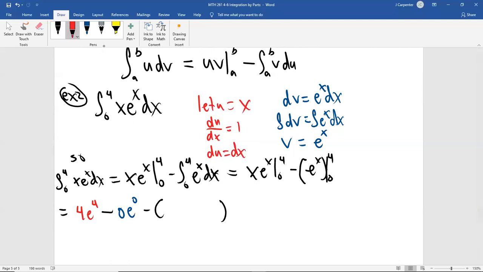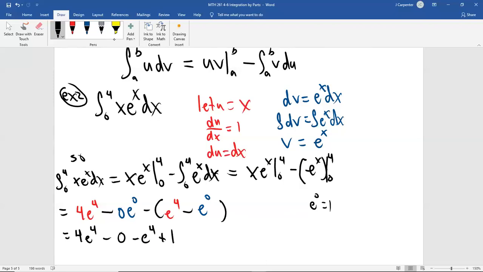That's why I suggested parentheses might be helpful there. So red, e to the 4, and minus blue, e to the 0. Now remember that anything to the 0 power is 1. But 0 times anything is 0. So this is really 4 e to the 4th minus 0. Let's distribute the negative. So that's a minus e to the 4th plus 1.